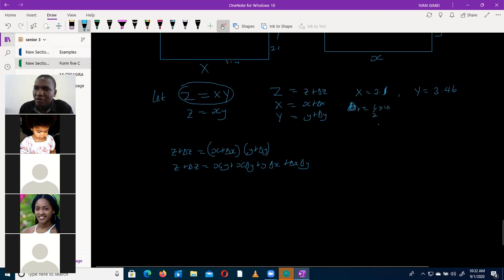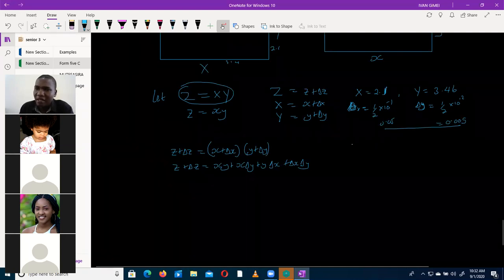This gives me 0.05. My error in y, if you're dealing with exact values like we did in the previous section of this topic, will be a half times 10 power negative 2, which gives me 0.005.